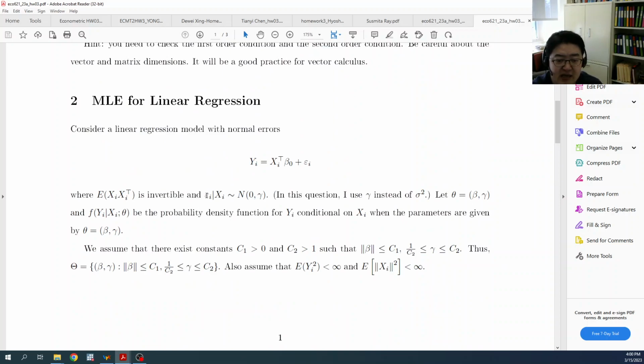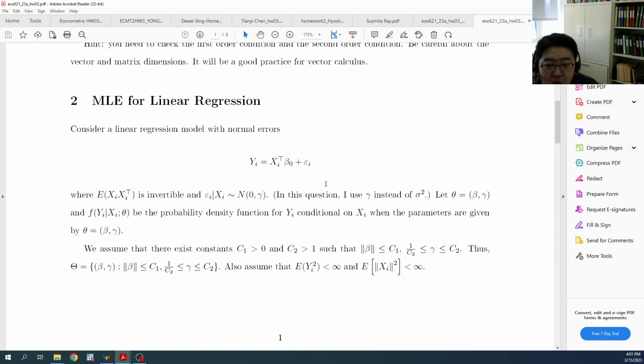From the question, look at this. Epsilon is normally distributed given x. Conditional on x, epsilon is normally distributed with mean zero, variance gamma. On top of that, you are adding x prime beta.